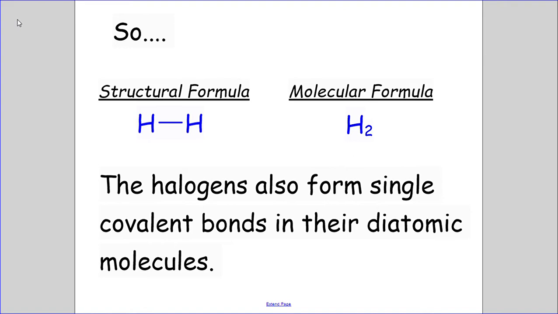And so similarly to how we did our H structure here, I could also take 2 chlorine atoms, because Cl2 can exist as a diatomic molecule, and it wants to exist. And again, I'll just show separate electrons by X's in this one, just to show that there is a little bit of difference. And when I combine them together, I can move these around so they overlap each other.